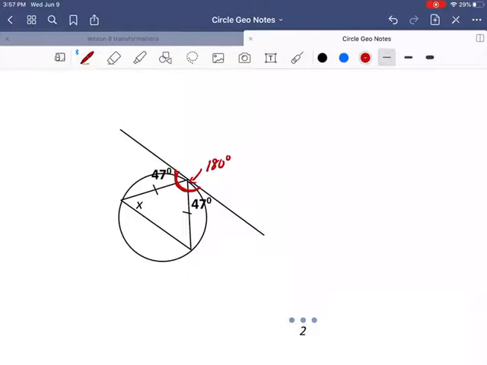Now if that full angle is 180 degrees, what we can do is 180 minus 47 and minus 47, subtracting those two smaller angles. And if you do that, you end up with 86 degrees. So this angle here is 86 degrees.